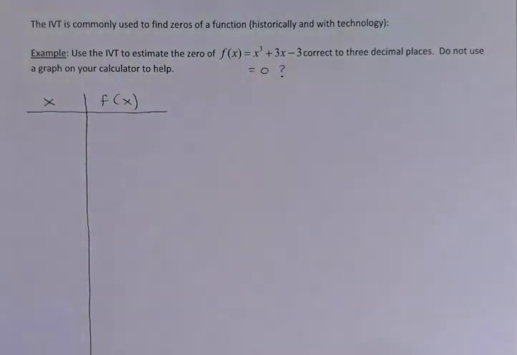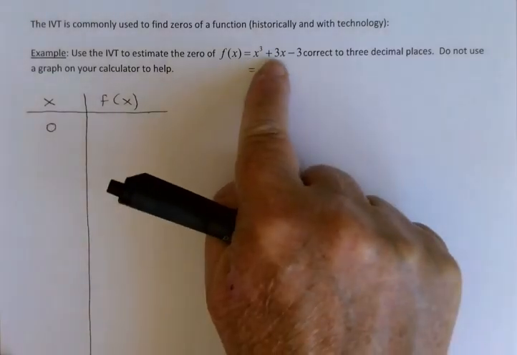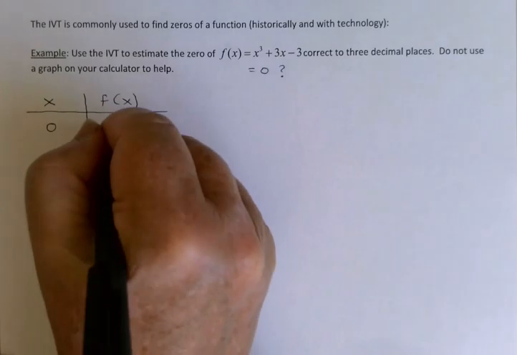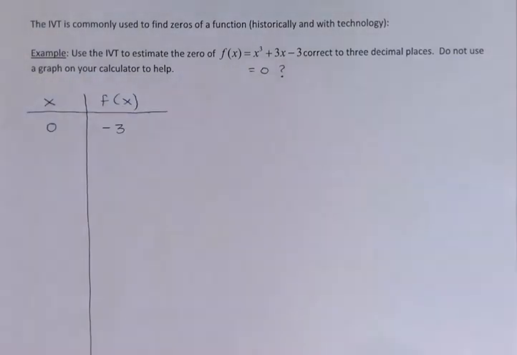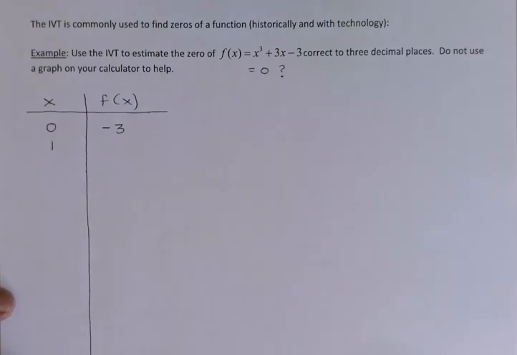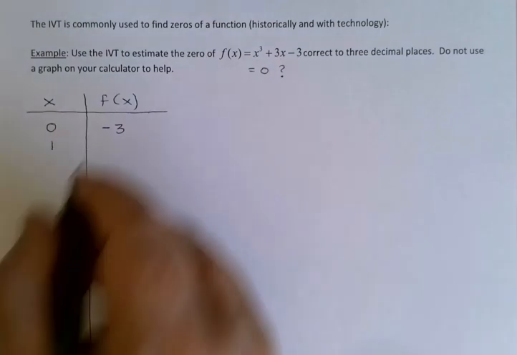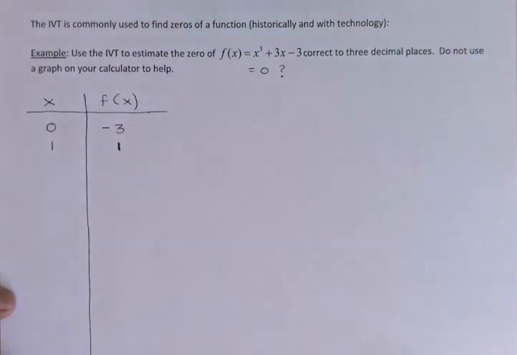Fortunately, that's fairly easy to do, because if I plug in x equals 0, 0 plus 0 minus 3, I get negative 3. And if I plug in x equals 1, 1 plus 3 is 4, 4 minus 3 is 1. So 0 is in between these y values.